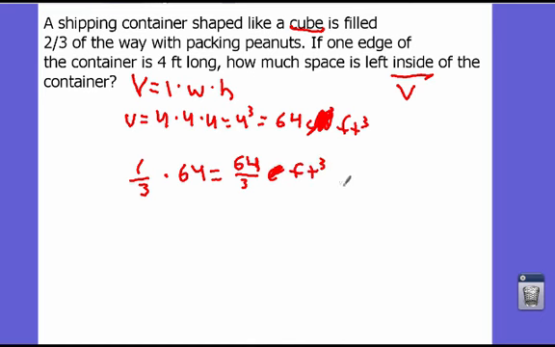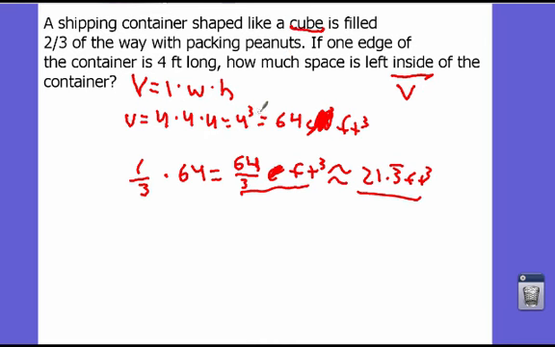Okay, 64 over 3, or that is approximately 21.3 repeating feet cubed. All right? Exact answer, approximate answer. So just to repeat how we did this problem, we looked up here, we found out what kind of shape we're talking about. It's a cube, which is a rectangular prism.